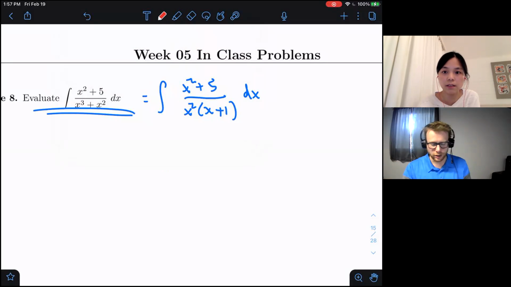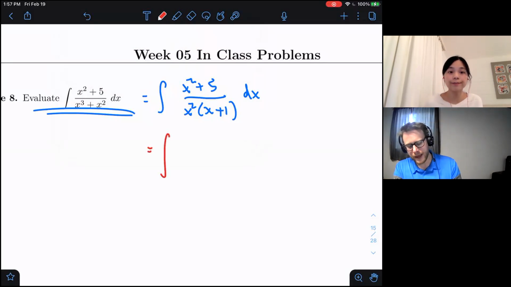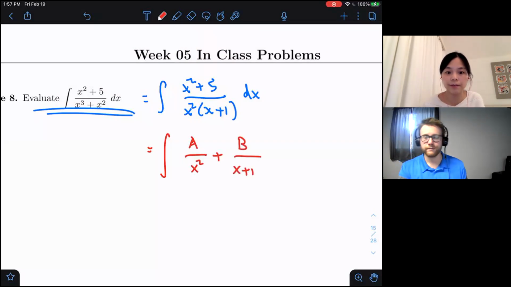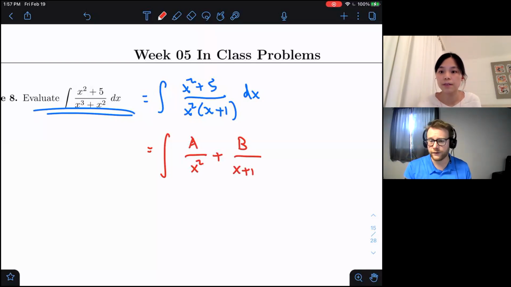So I'm going to intentionally make this the integral of a over x squared plus b over x plus 1. I'm going to do it wrong. Of course, you can probably already tell that because we have this factor x being squared, we also need a term with x to the first power.